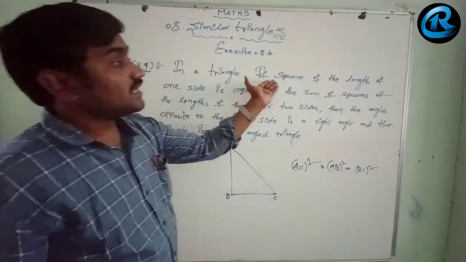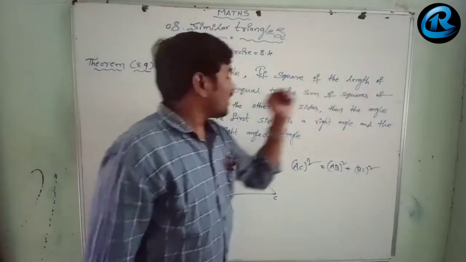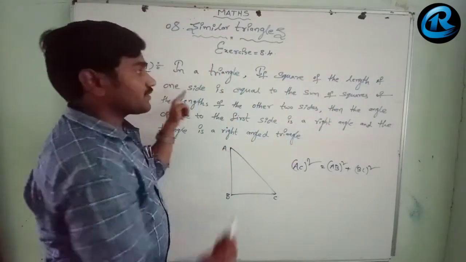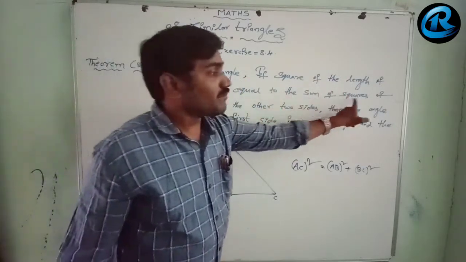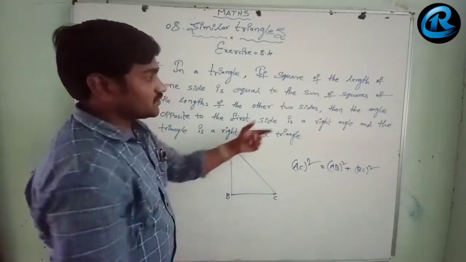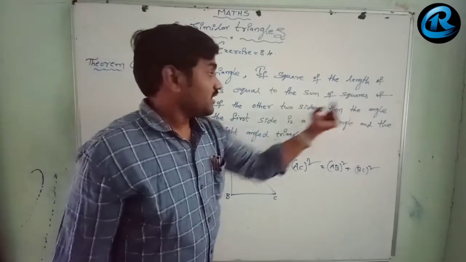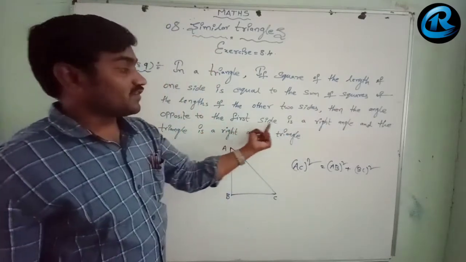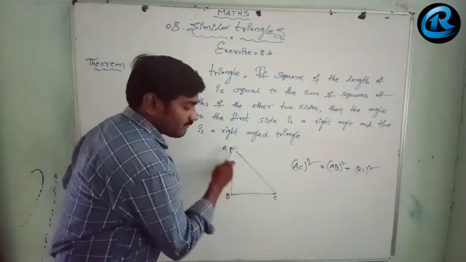See, in a triangle, if the square of the length of one side is equal to the sum of the squares of the other two sides, then the angle opposite to the first side, what is the first side we have taken? AC square.